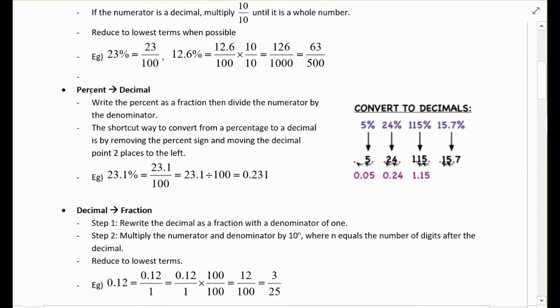Okay, percent to decimal. Write the percent as a fraction, then divide the numerator by the denominator. So we know how to change a percent to a fraction. This is a division bar, so this is the same as division. So in your calculator, you put 23.1 divided by 100.